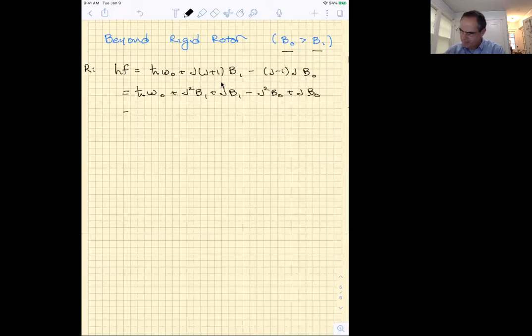And then regrouping the terms, we have h bar omega naught plus (B0 plus B1) times j, and then minus (B0 minus B1) times j squared.